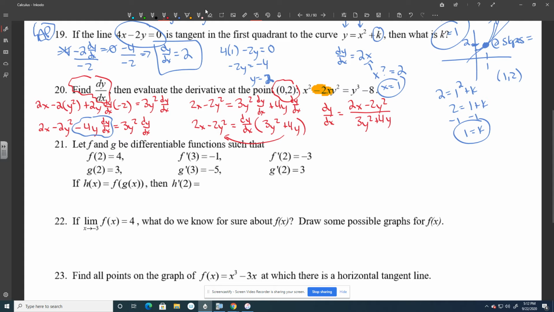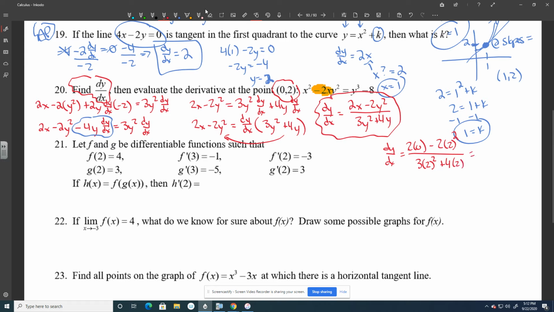I feel like I'm missing an x somewhere, but I think we're okay. So at this point, now that I know what my derivative is, I'm going to go ahead and plug in my 0 and my 2. So I end up with dy/dx is equal to 2 times 0 minus 2 times 2 squared, divided by 3 times 2 squared plus 4 times 2.